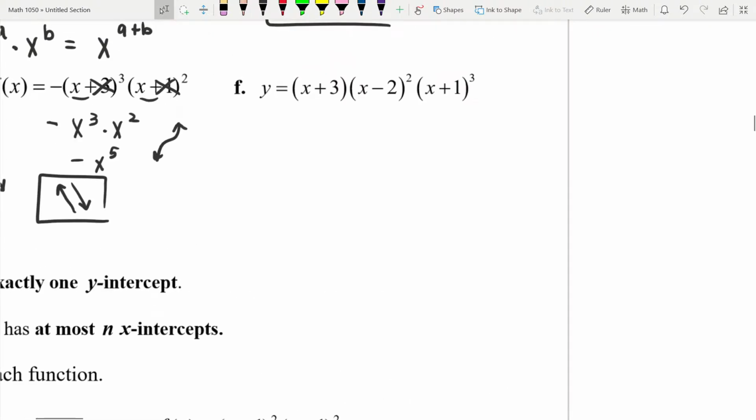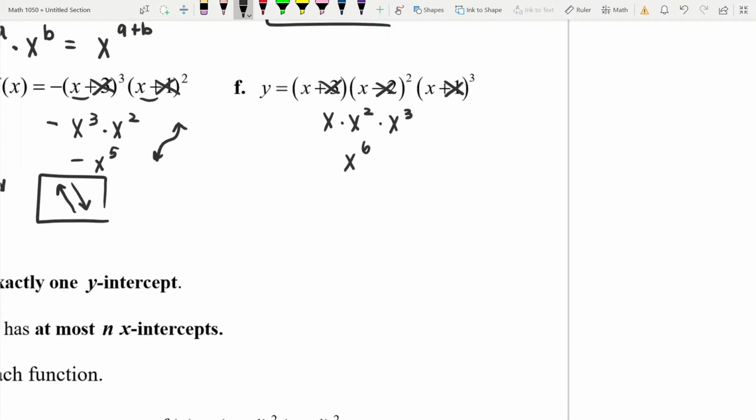Here we go. Get rid of the 3, get rid of the negative 2, get rid of the 1. They don't dominate. The first x is to the first, the second x is to the second, and the third x is to the third. Then I add those together and I get 3, 4, 5, 6. 6 is even. Even means parabola. I don't have a negative in front, so my parabola opens up.